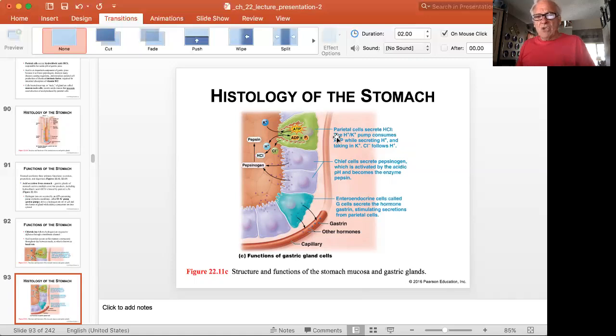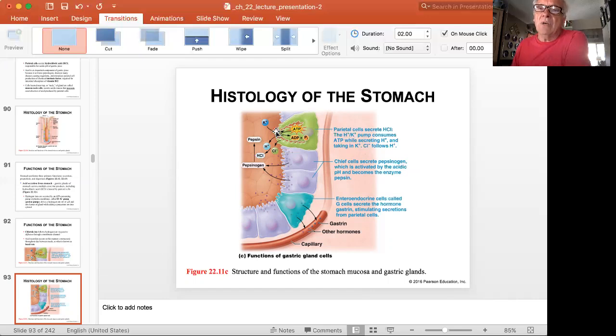In response, hydrogen is released by the parietal cells. As hydrogen is released, because it's a positive charge, the chloride ion will follow. Now, in this lumen area of the gastric gland, we're going to have hydrogen ions and chloride ions together form hydrochloric acid. So parietal cells eventually make hydrochloric acid.